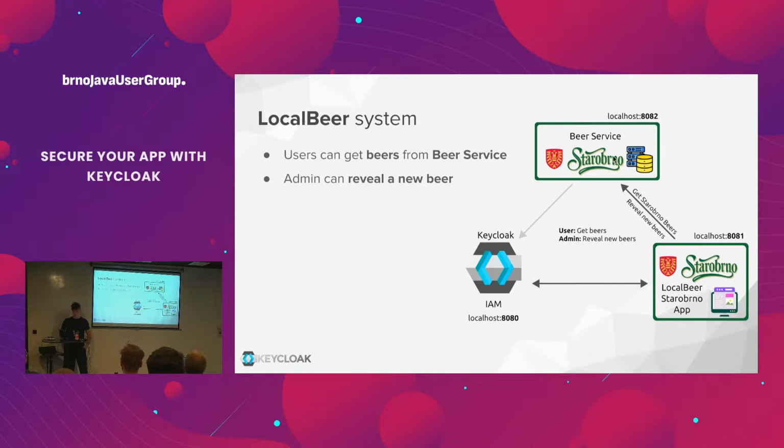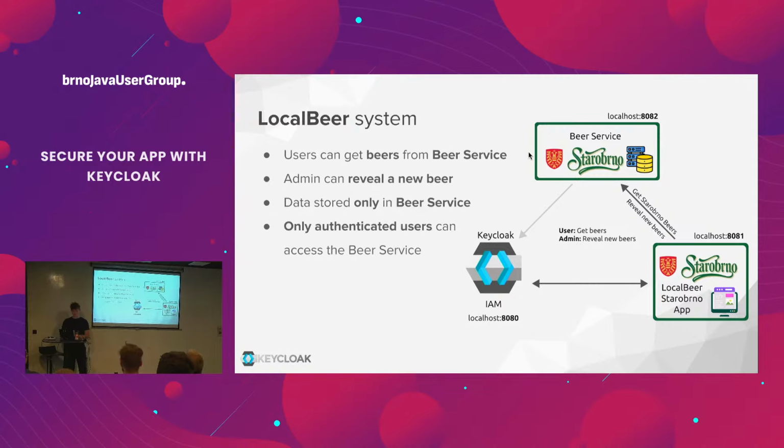So normal users can get beers from the beer service. You see the list of beers, right? But admins can reveal a new beer. If there's a new beer, the admin can introduce it to users, like, hey, there's a new beer. Okay, put it there, and everybody is like, oh yeah, I need to try it, right? So data is stored only in the beer service.